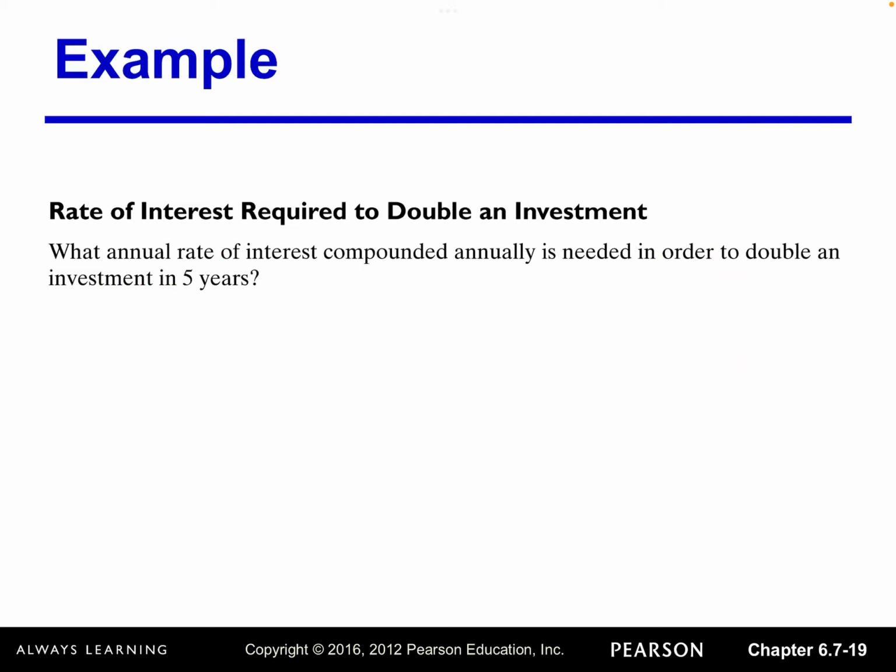Okay, so what we already know here, we know the time, right? t equals 5. And then we know the future value doubles the original investment. And then what else do we know? It's compounded annually, so that means n equals 1.